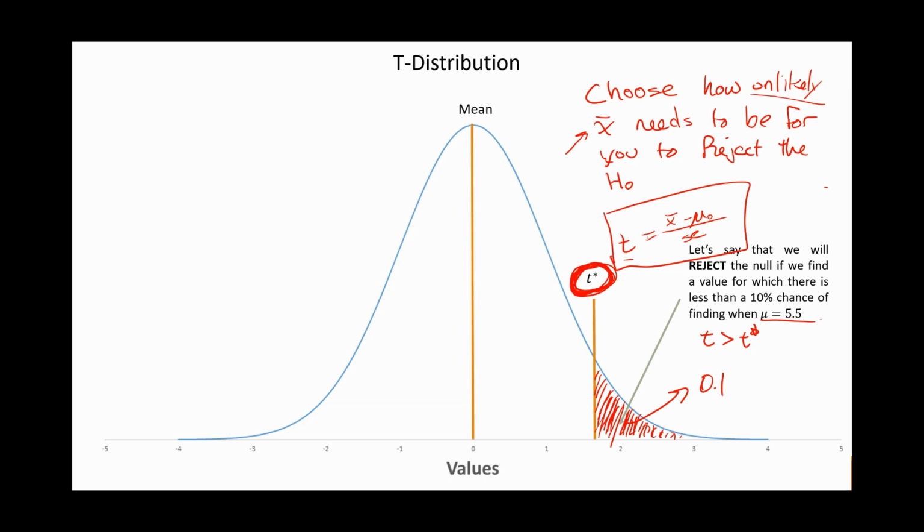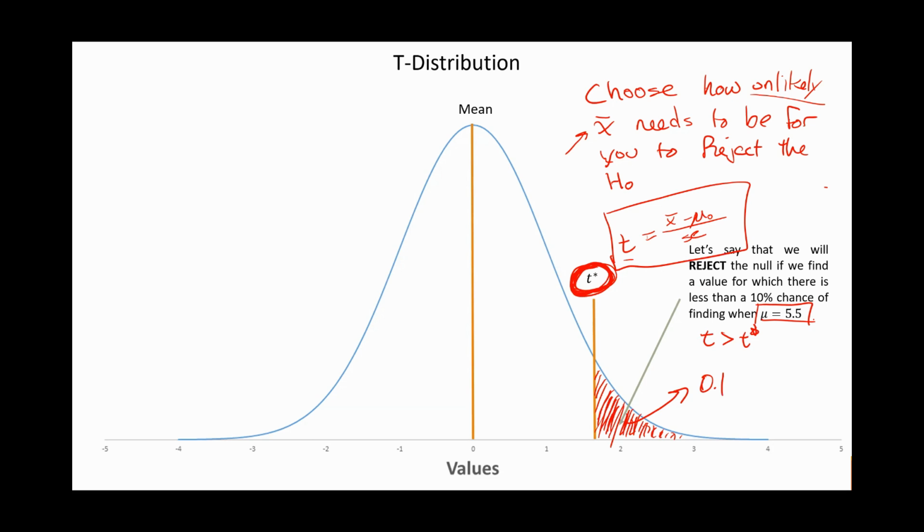So what we're saying is if there is a probability of less than 10% that we would see our t-statistic under the assumption that the null is true, then we would reject the null. We would decide, pragmatically, that we don't think the null is true and we're going to reject it.